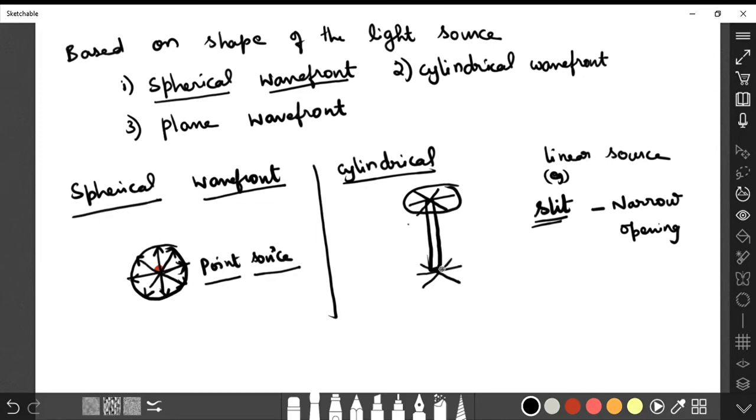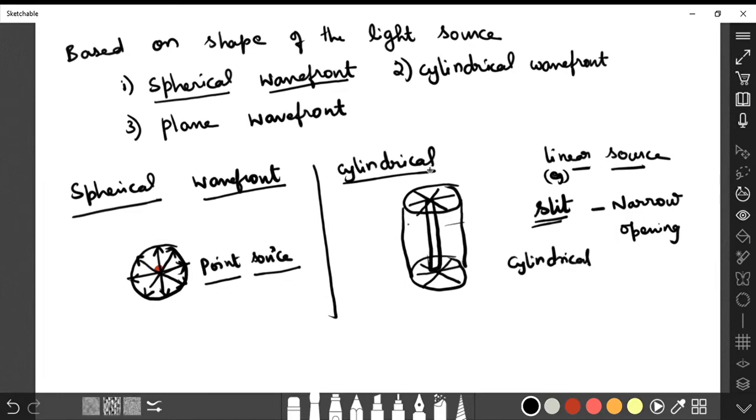It looks like a cylindrical shape. That's what is called cylindrical wavefront. It is because all the points which are equidistant from the source lie on the surface of a cylinder. That's why it is called cylindrical wavefront.